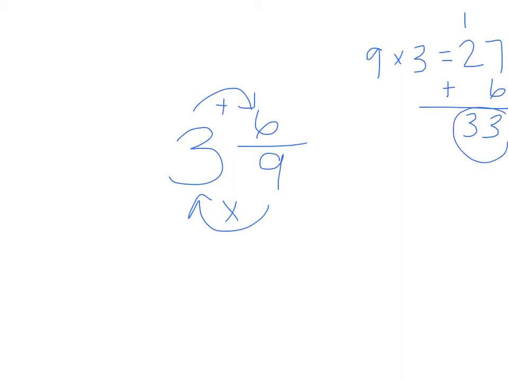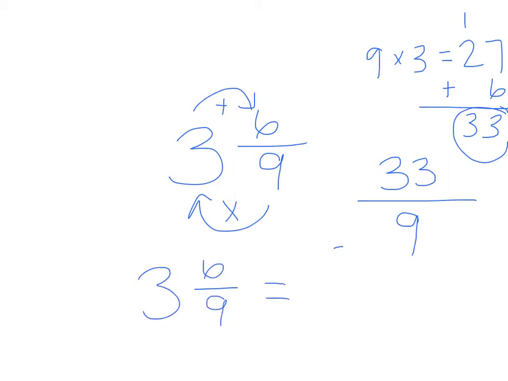So 33 is now my new numerator for my improper fraction, and my denominator, like always, is going to stay the same. So 3 and 6/9 is equal to 33/9. I just converted it from a mixed number to an improper fraction.